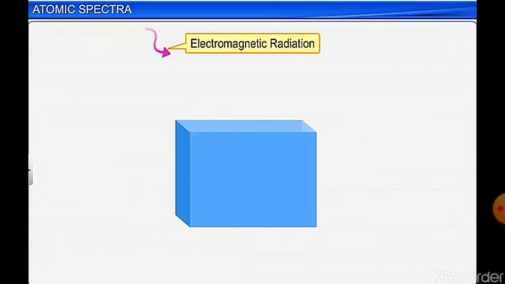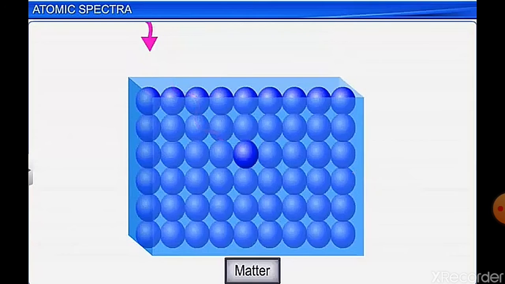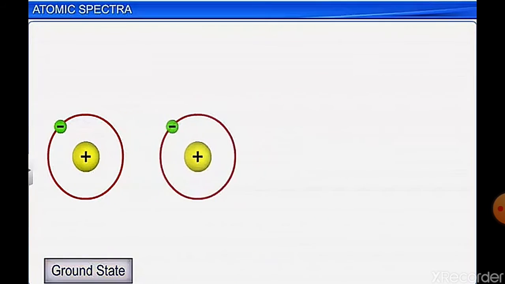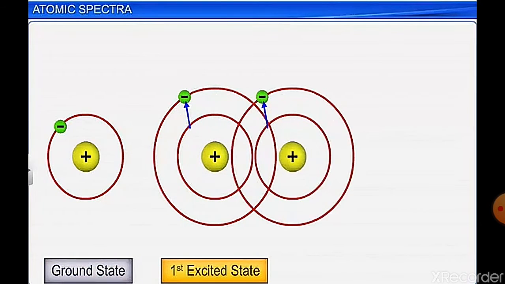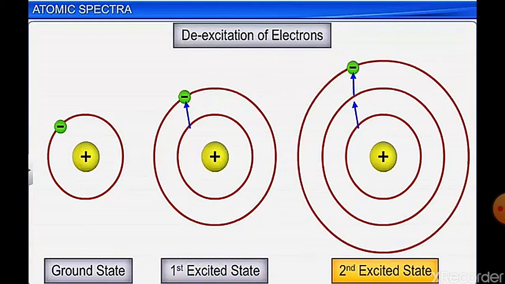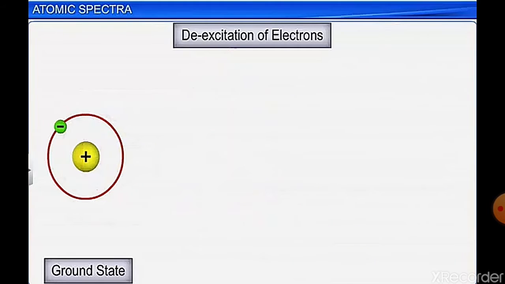Now when electromagnetic radiation is passed through matter composed of atoms or molecules, these atoms or molecules absorb energy from the ground state and move to a higher energy state, called the first excited state, or they may move even higher by absorbing more energy. Then they come back to the original state by releasing that excess energy of the same value, which is called de-excitation of electrons.